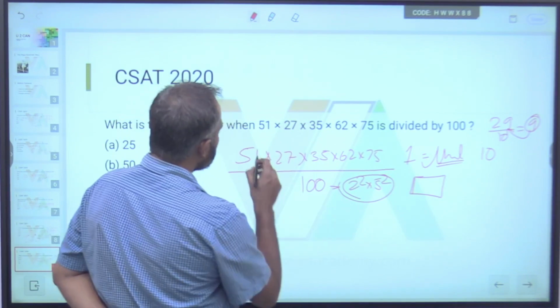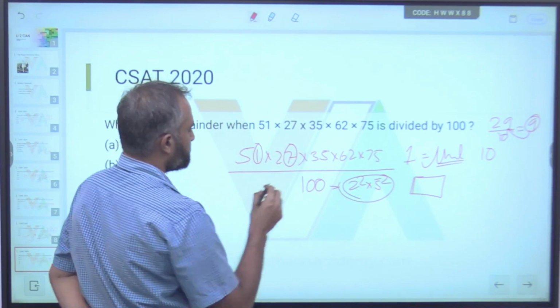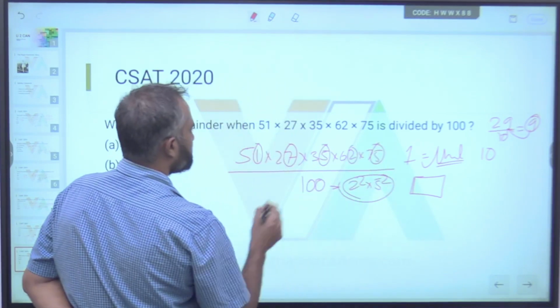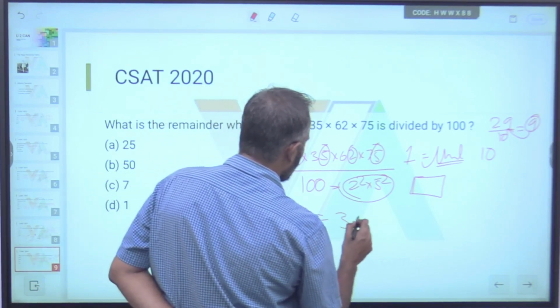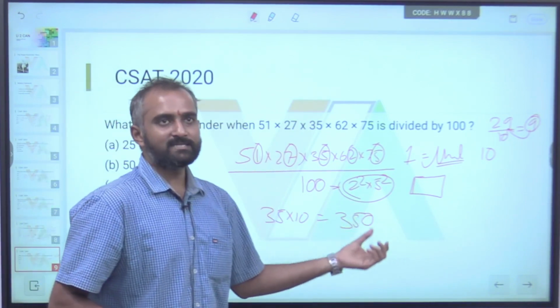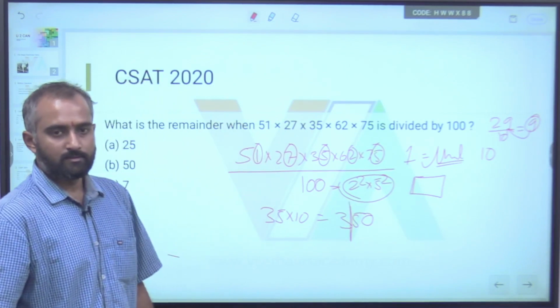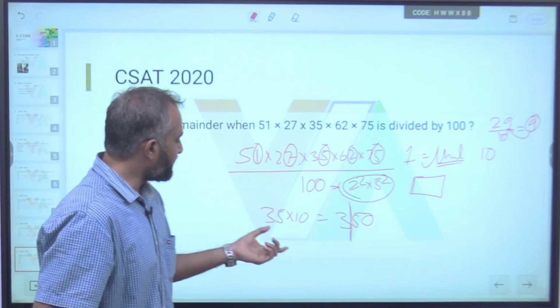Now, let's take a blind shot and see the product of all unit digits. 7 into 5 into 2 into this thing. 7 5s are 35. 35 into 10. Oh, now you see 350. If you do multiplication, anytime only one digit is carried. Here, considering the unit digits itself, we are getting a 3-digit number.